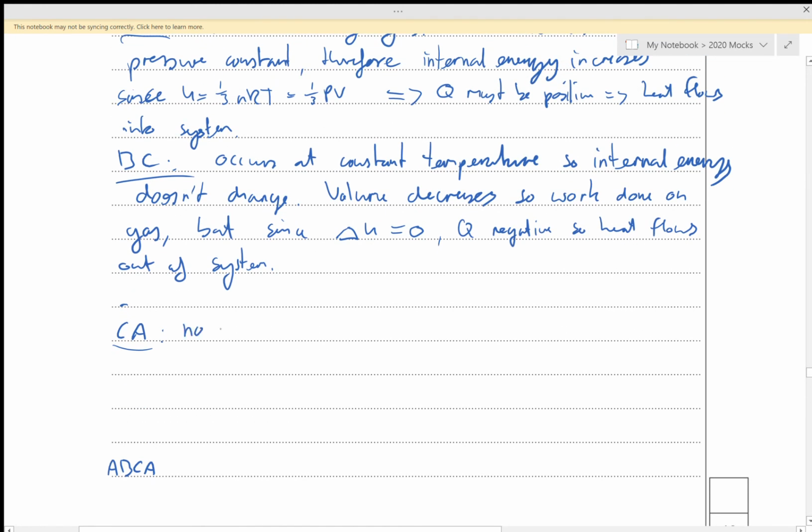So no change in volume. Implies no work done. Decrease in pressure. Implies decrease in temperature.